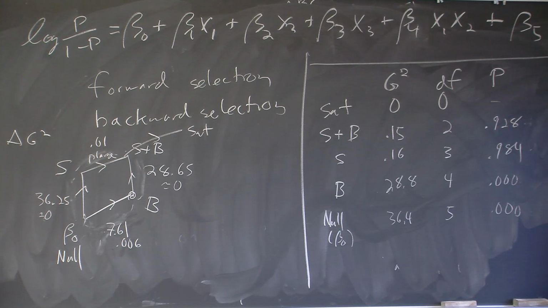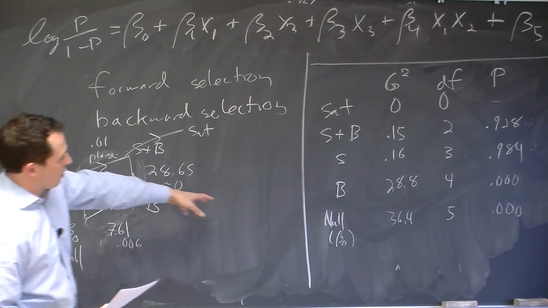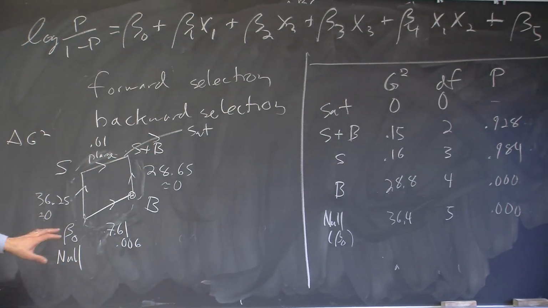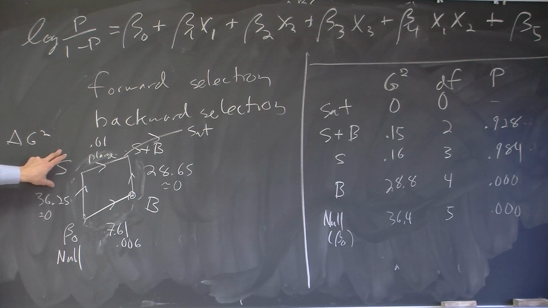That's supposed to be the conclusion. So S, this is unfortunate notation. S means SES, B means Boy Scout. What we're saying is that the values on this cube suggest that, of course, the S plus B model is always going to be better than the S, but it's not significantly better. And so we should just stick with the simpler model S.